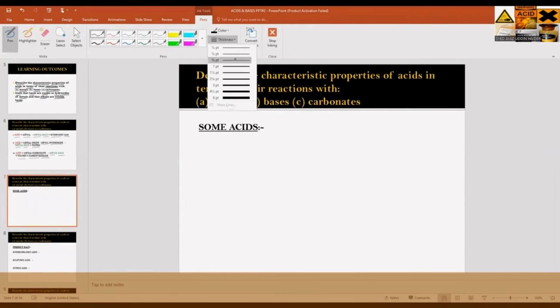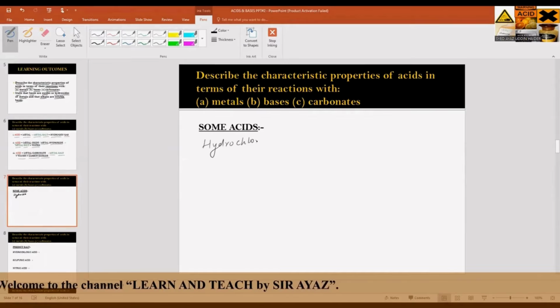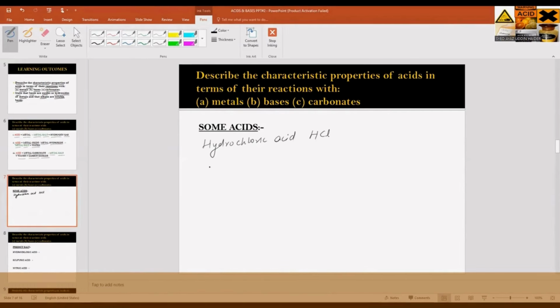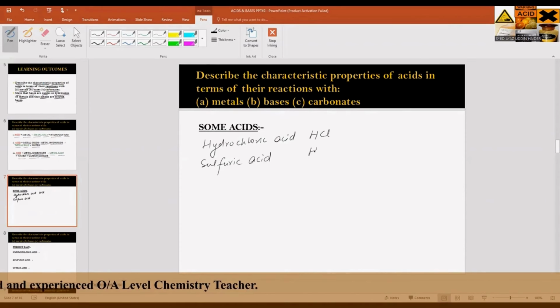I've talked about the names of some acids. Now I am writing the formula for some acids here. For example, hydrochloric acid, the formula will be HCl. Sulfuric acid, H2SO4.